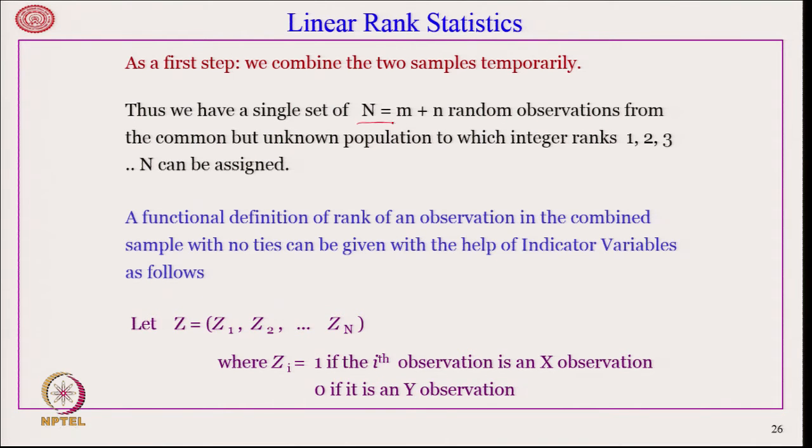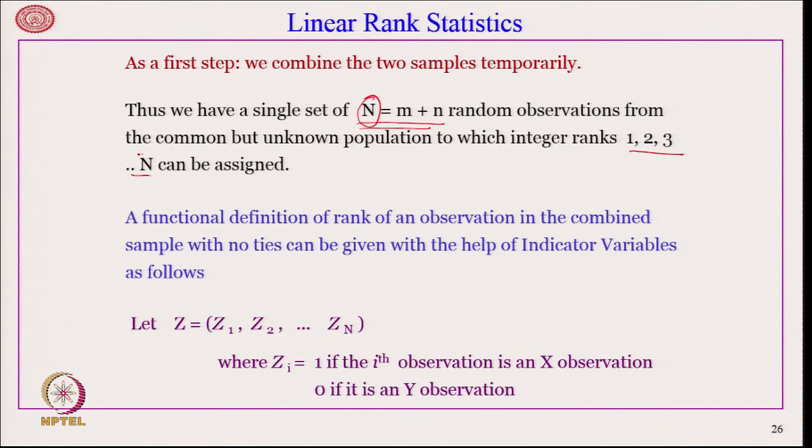In that array, therefore, there will be capital N equal to small m plus small n observations, and we can assign them ranks 1, 2, 3 up to N if there are no ties. In case of ties, of course, we can take the appropriate average to give the ranks, so that the total sum of ranks remains the same, which is equal to 1 plus 2 plus 3 up to capital N.